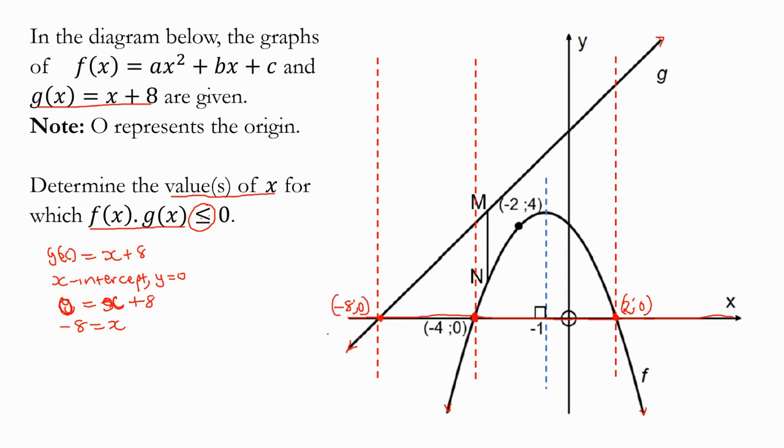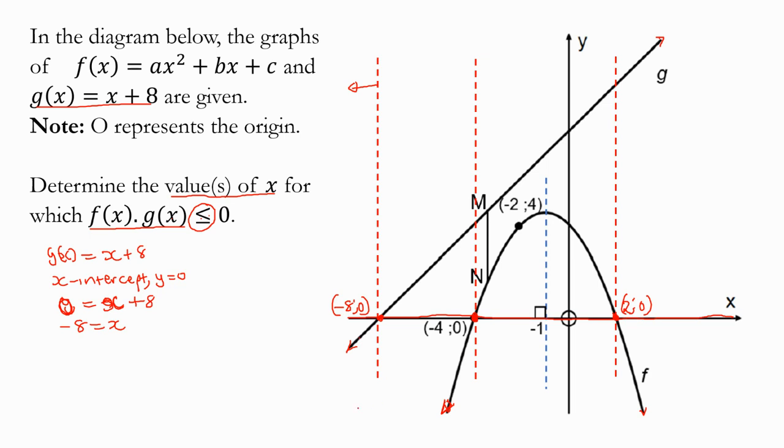Now, let's look at this region going to the left, when x is less than negative 8, to the left of this line. Remember, these graphs are continuing. It's not like they're ending there. Where is f of x?